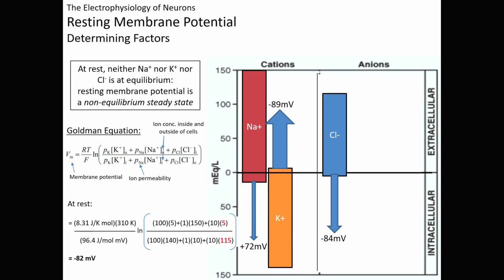We have to recognize, therefore, that all these ions are trying to move across the membrane in one direction or the other, trying to get to their particular equilibrium potential. But of course, every movement of one ion is going to be countered by a movement of another. And that's what keeps us in the steady state.